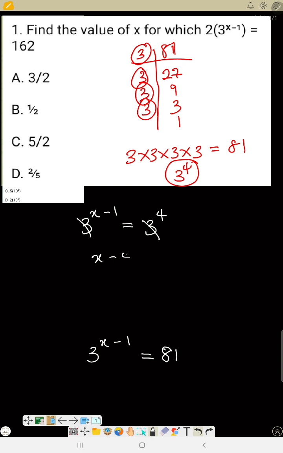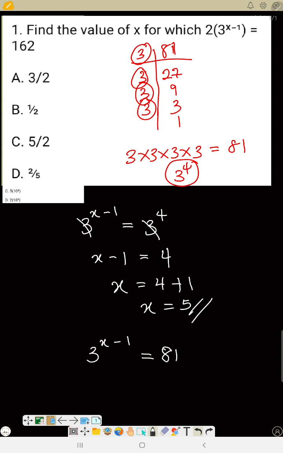So s - 1 = 4. Then s = 4 + 1. So s = 5. That's the answer.